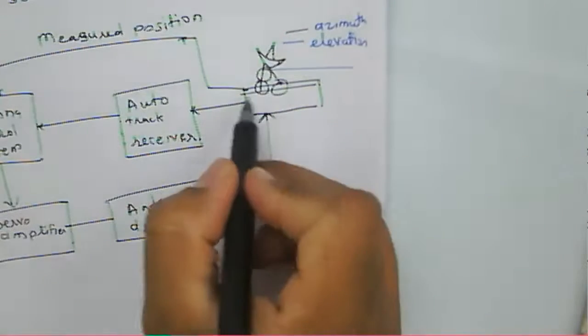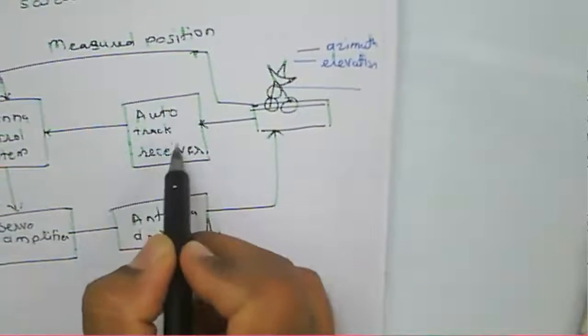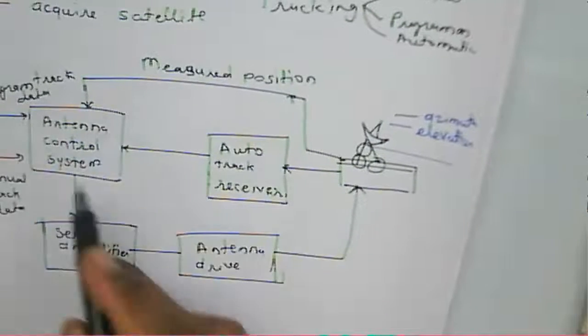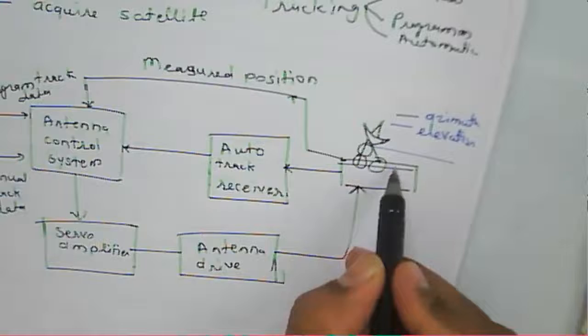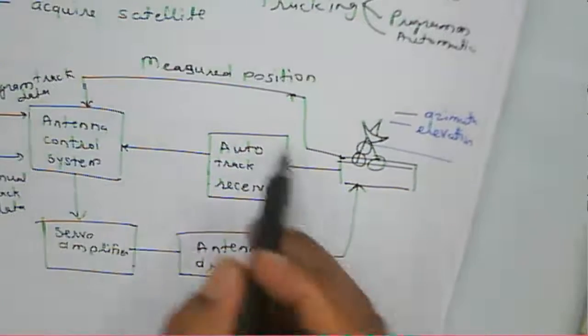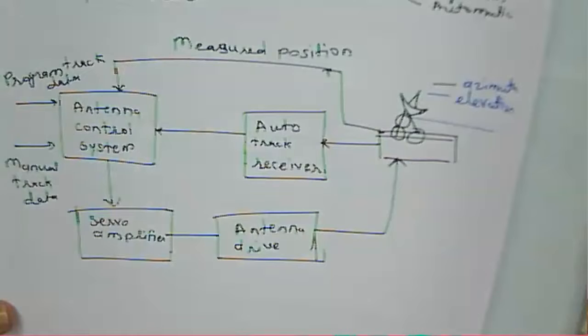Now, once the signal is received, according to the level of the signal, a control system will provide the input to this antenna and change the position of azimuth and elevation. So it is continuously tracking the signal, and once we get the higher signal level, then the antenna is to be fixed.